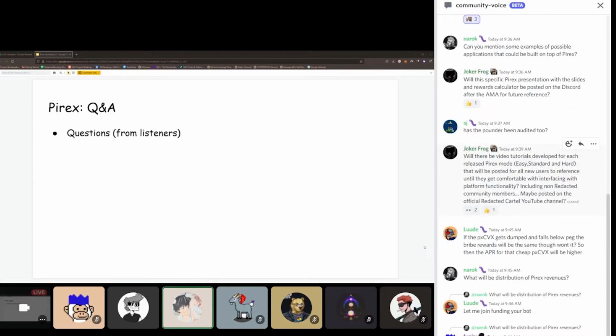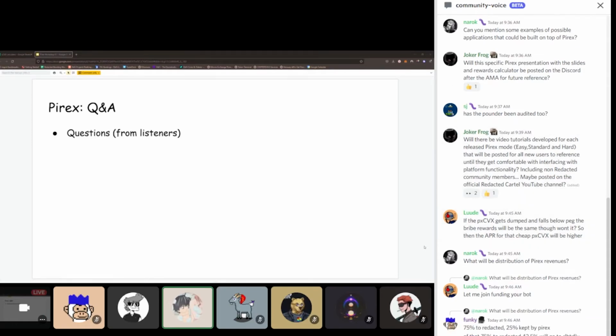Just an example of something that we're probably not going to do: PoolTogether could be a potential application, where users would commit their future yield, and that yield could then be used in a lottery or something. Don't do that unless you want to get sued, I guess. That's just an example of what we could do.